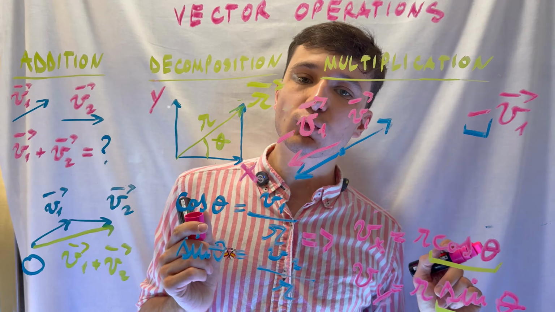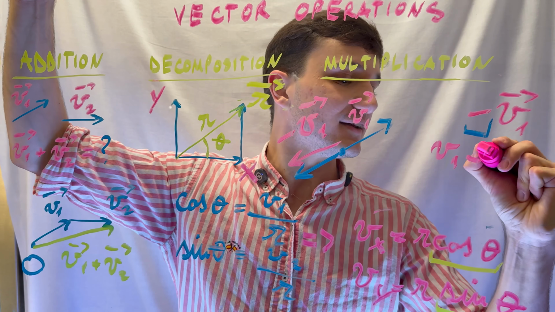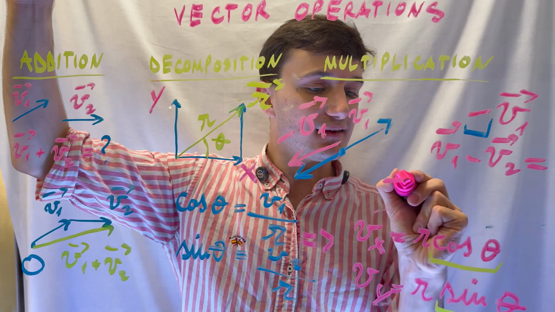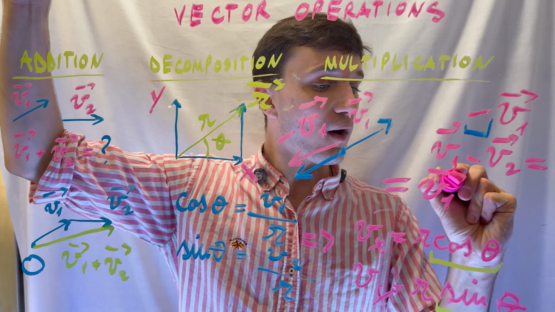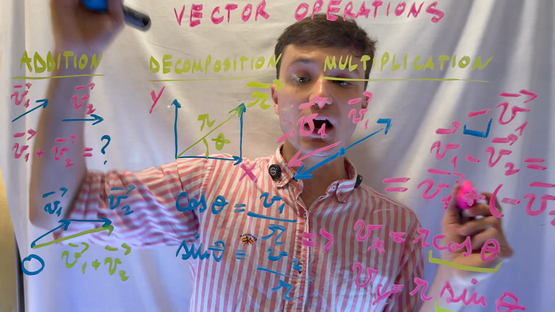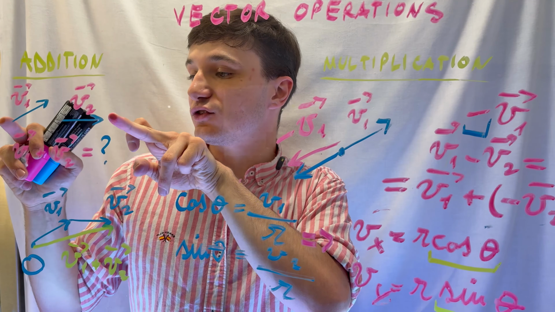I think you can guess what vector subtraction is in this case. If I write v1 minus v2, and never forget the arrows, this is nothing but v1 plus minus v2. So the way that we represent vector subtraction, take these two vectors.